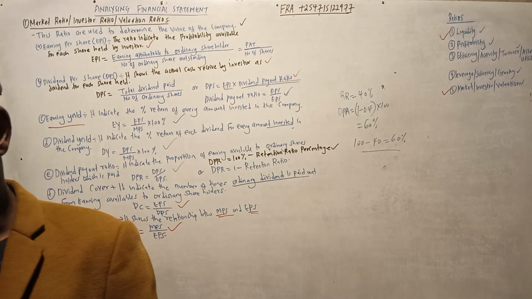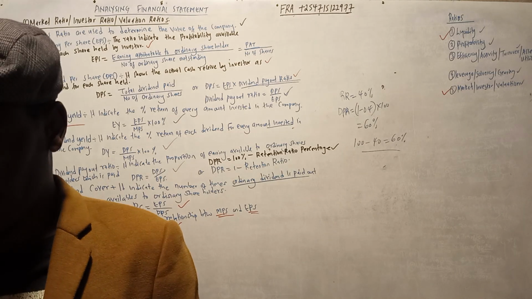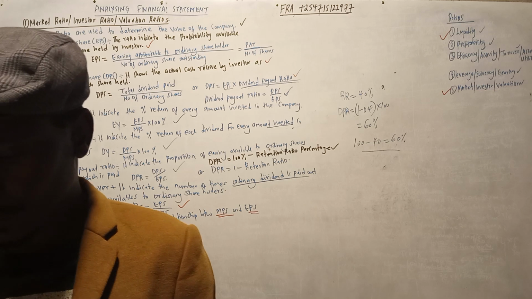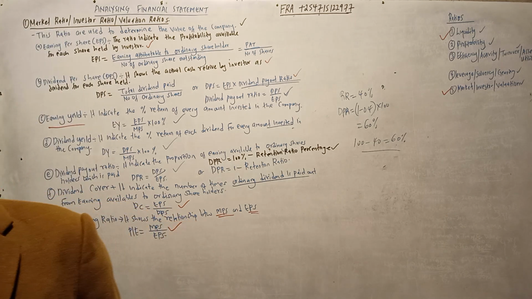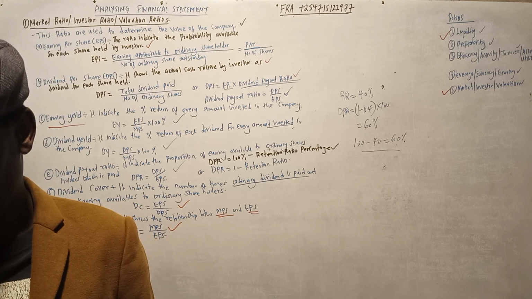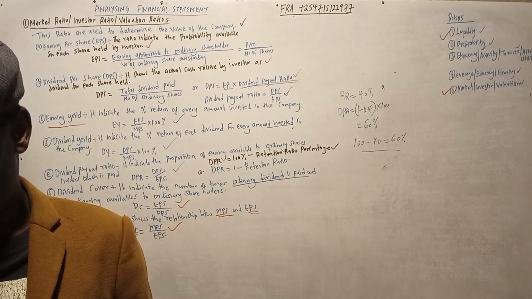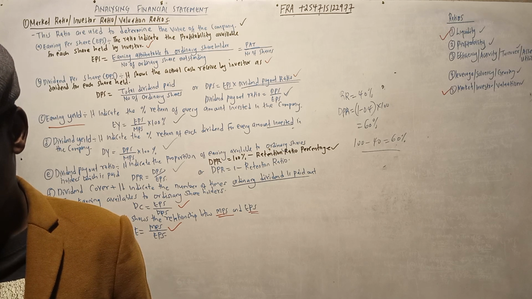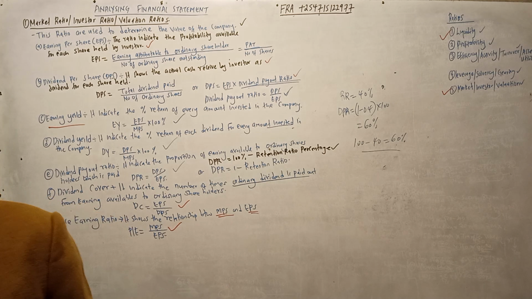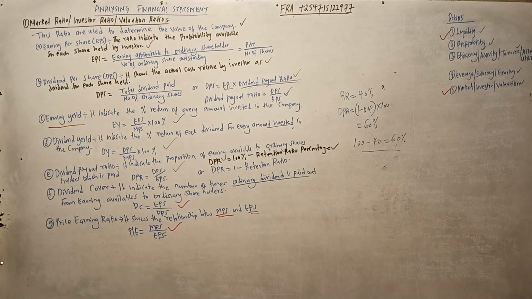Mostly we have three of them. So liquidity ratio is a measure of the company's ability to meet the short-term obligation. We shall consider three of them.